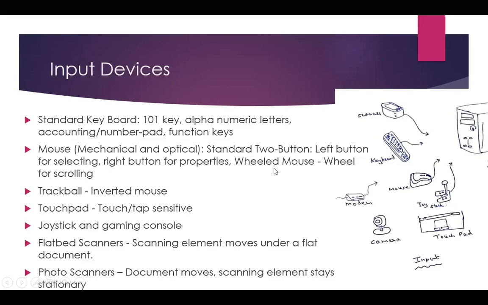Sometimes we have a wheel associated with the mouse and it is used for scrolling the screen. If the screen is very big to accommodate the size of our display, then we can use the wheel for scrolling.